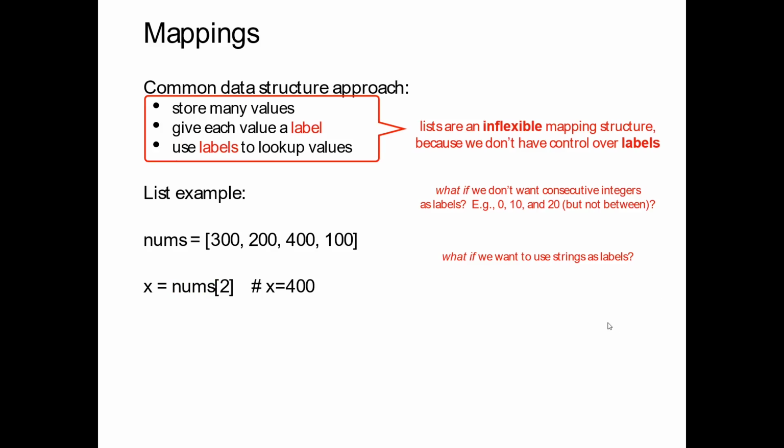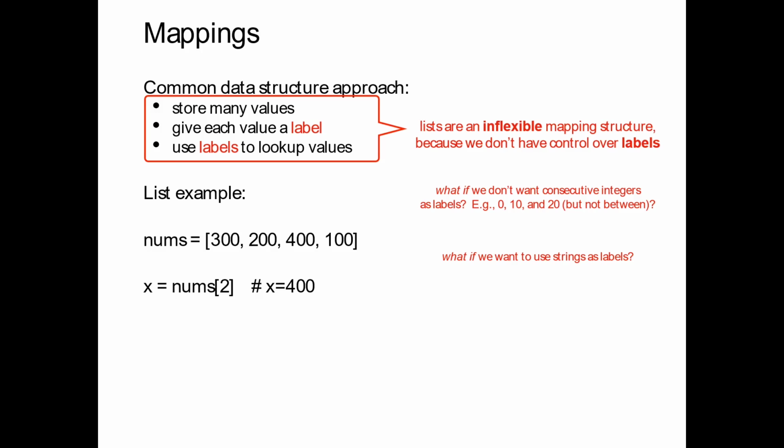As I mentioned a moment ago, the labeling in a list is largely inflexible. Python has absolute control over how it wants to come up with those labels. It's going to start at 0 and they're going to be integers. Now, let me ask a question. What if we don't want to use integers as the labels? What if I want the numbers 0, 10, 20, 30, but I don't need the ones in between?